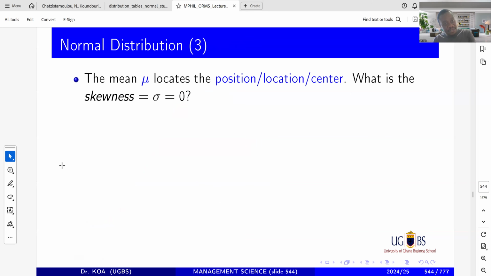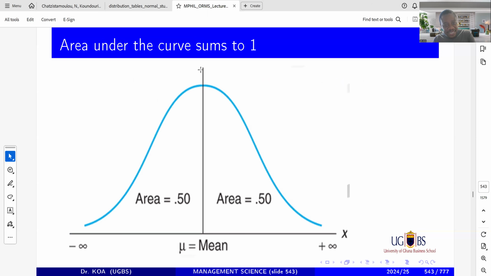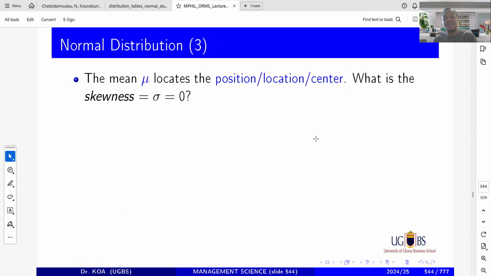Now, the mean of the normal distribution is the center. So the center here is the mean. And anything away from the mean to the right or to the left is the deviation from the mean. The deviation is also called the skewness. If everything is located perfectly in the mean, then the skewness is 0.